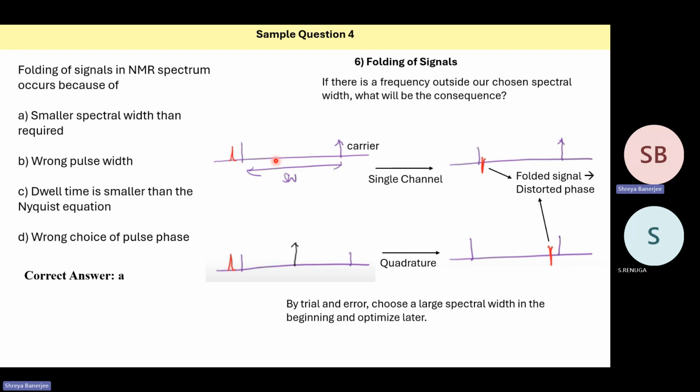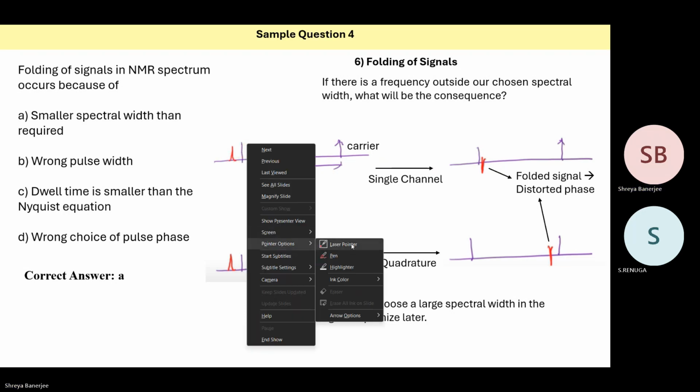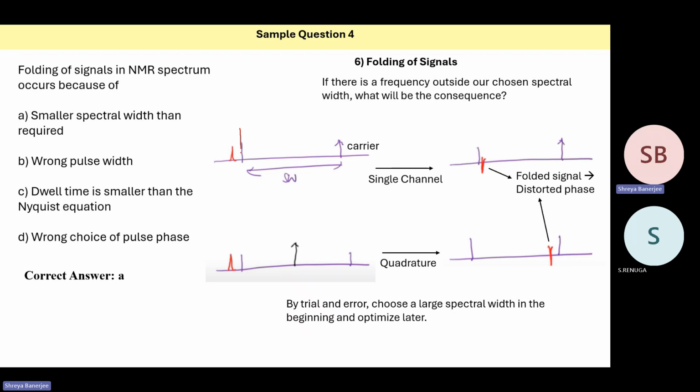That is, the signal, if you imagine that from this line, it kind of gets folded back here, or it gets folded back here. And the phase changes into negative phase because this is kind of an instrument error that happens.